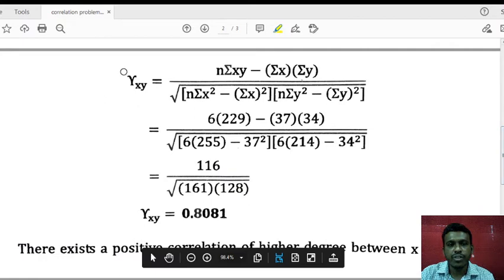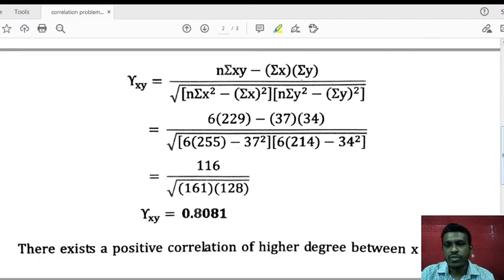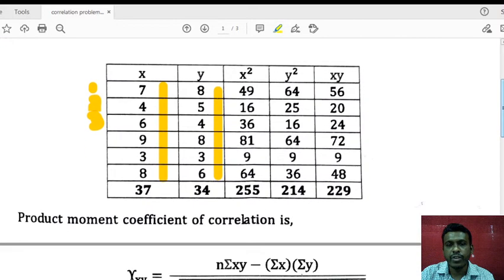The formula is this way. Whenever you need to apply Karl Pearson's coefficient of correlation, you have to find out x squared, that is the square of each value. 7 into 7, 49. 4 into 4, 16. 6 into 6, 36. 9 into 9, 81. 3 into 3, 9. 8 into 8, 64. So you get all the x square values.